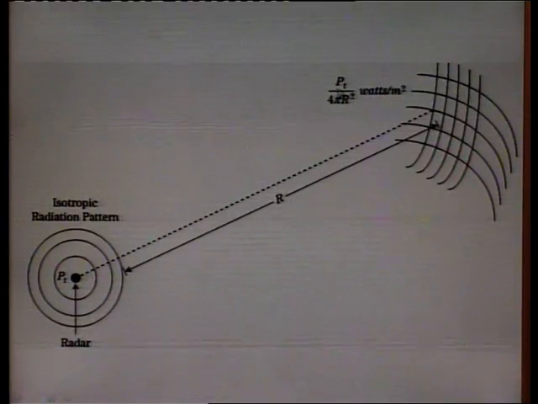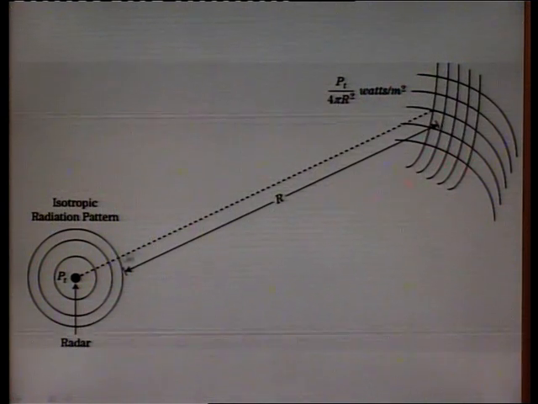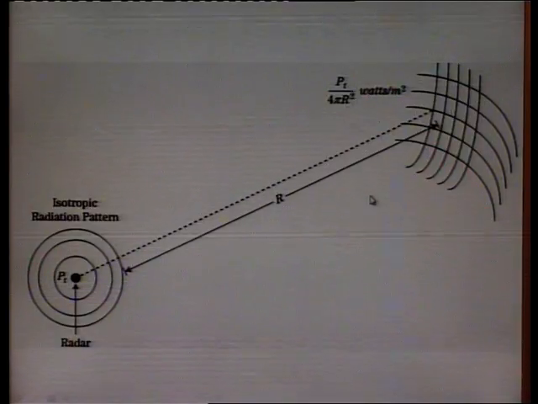It will be the total signal divided by 4 pi r square, because if this r is taken as the radius of a sphere, the signal scatters all over the sphere. So, this is P t over 4 pi r square watts per meter square.